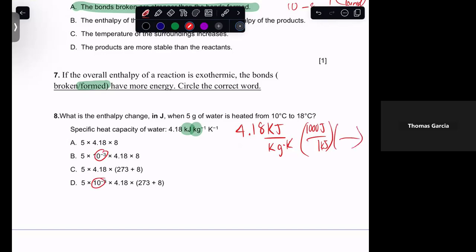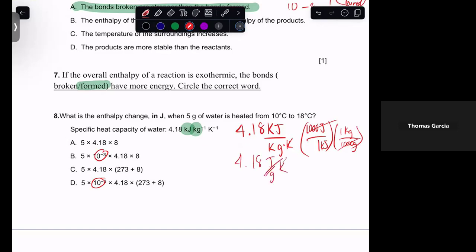But we also have 1 kilogram equals 1,000 grams.